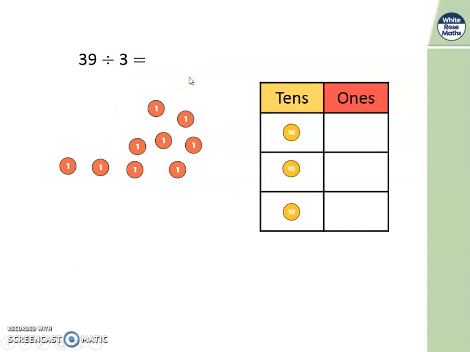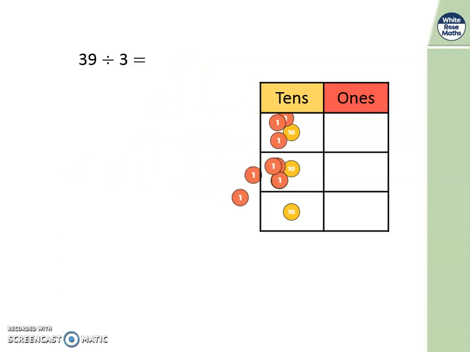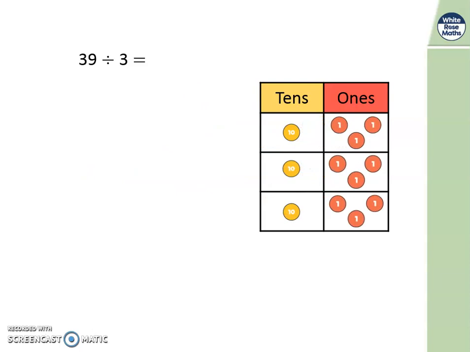Let's move them across. So I've shared out those 3 tens equally. There is 1 in each row. I'm taking those 9 ones and sharing them equally. In each row, there are 3. Therefore, when I have 39 and share it equally into 3 groups, the answer on each row is 13. So the answer is 13.